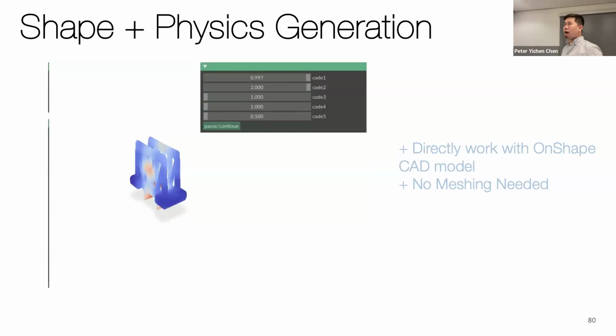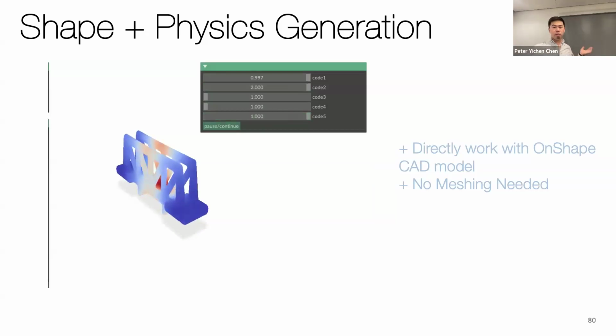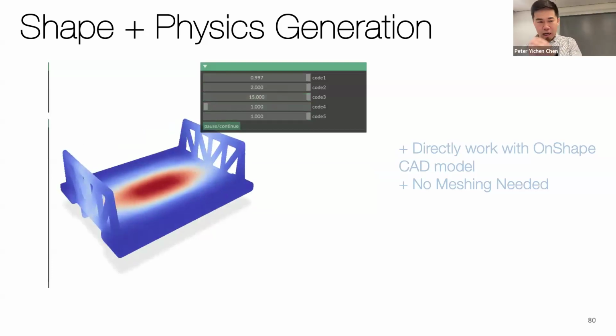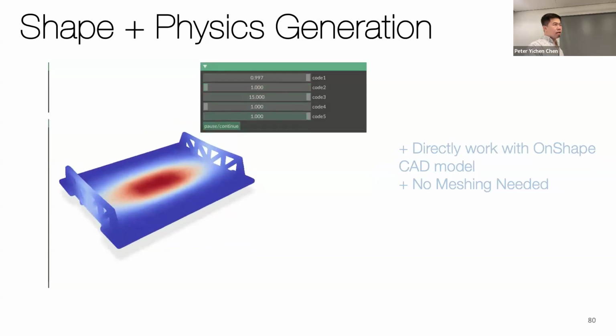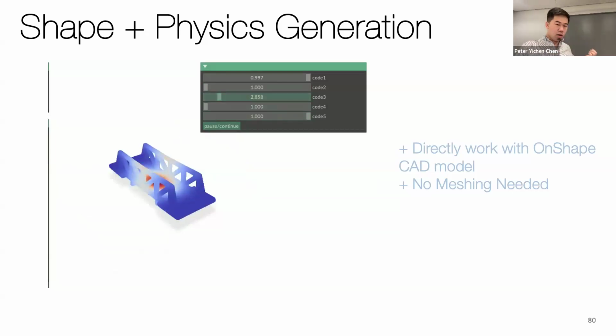I think we didn't really emphasize this part because, again, it's a continuous vector field directly represented through these neural fields. So we don't really need meshing in this case, which means we can work with any representation, directly work with CAD, with signed distance field. So with no meshing overheads here. So this is real time, like I said, as you move these bars, they're actually simulating in real time.